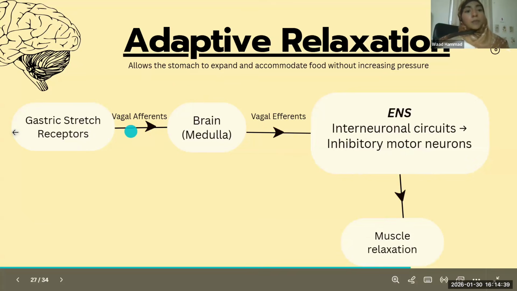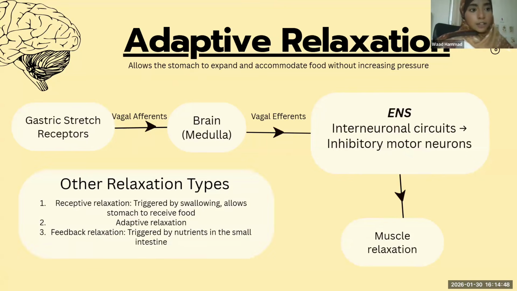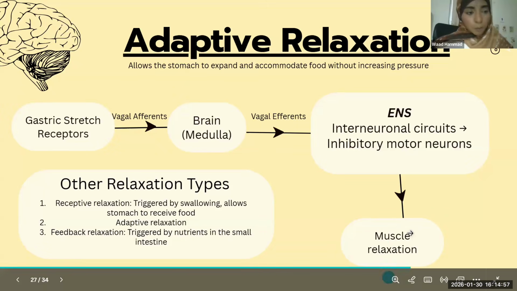So when we have that muscle relaxation, the stomach can more easily expand because it's not as contracted, and so it can accommodate more food, and so there's less pressure buildup. Okay, so just to recap, stretch to the medulla, inhibitory motor neurons activated, muscle relaxation, more food can be accommodated. This is what we call adaptive relaxation.